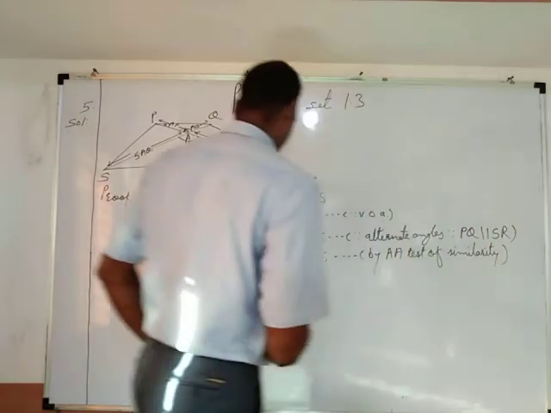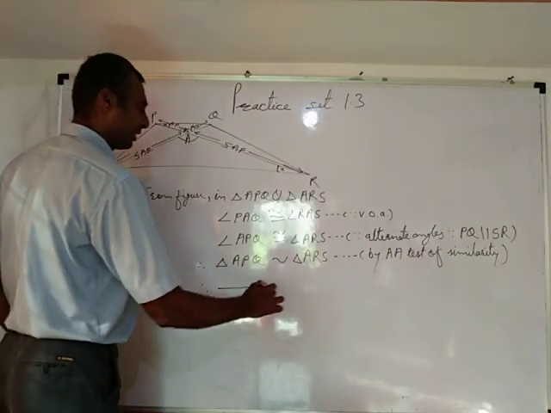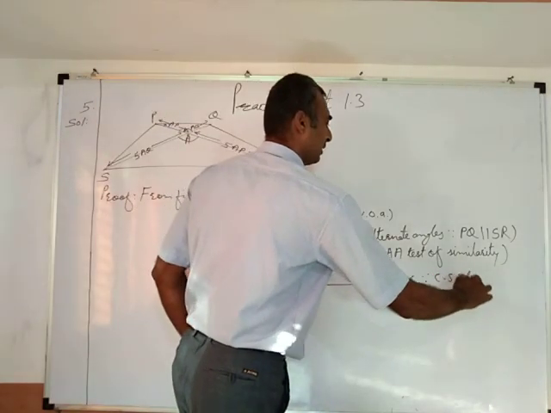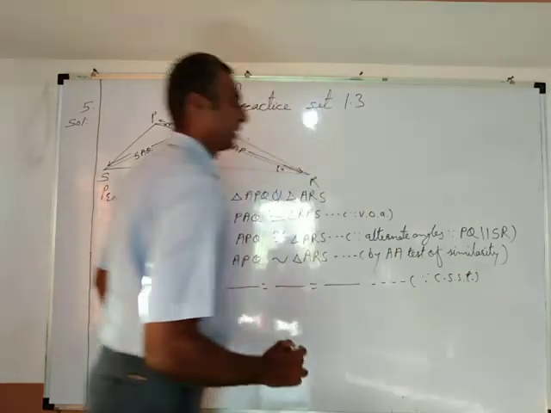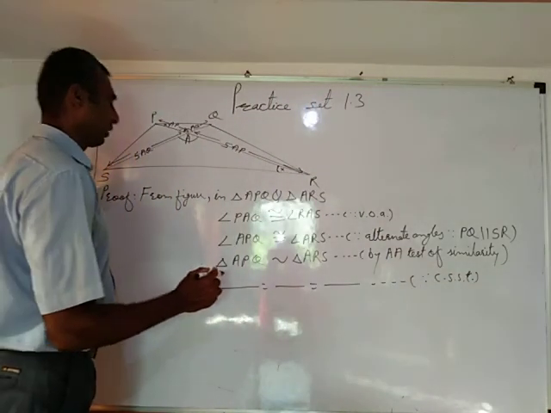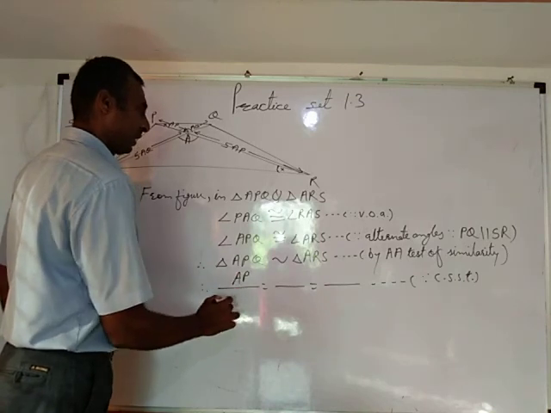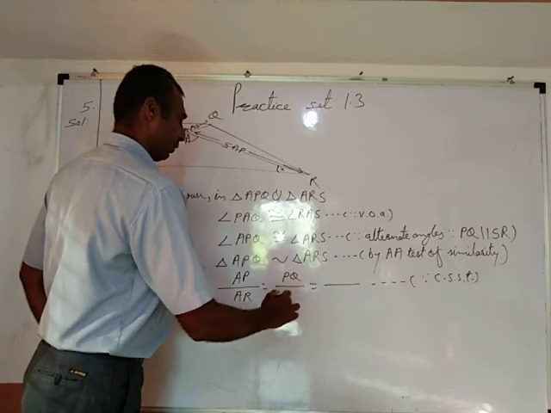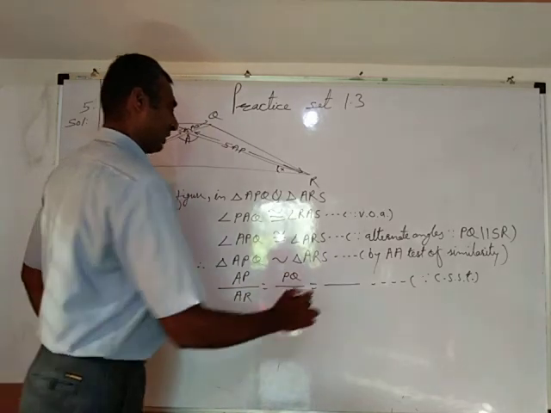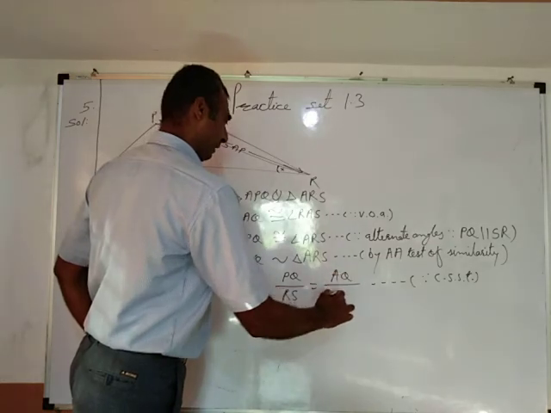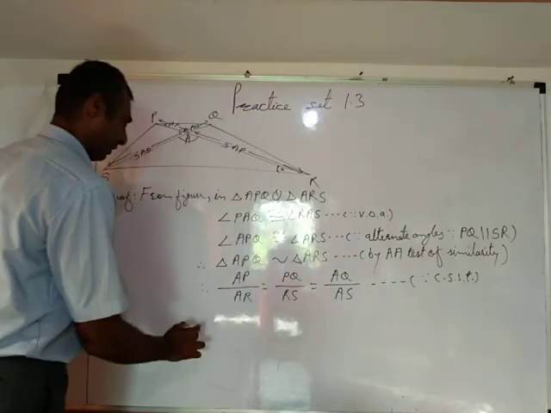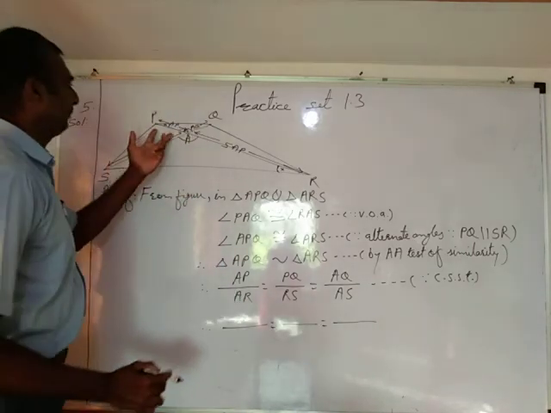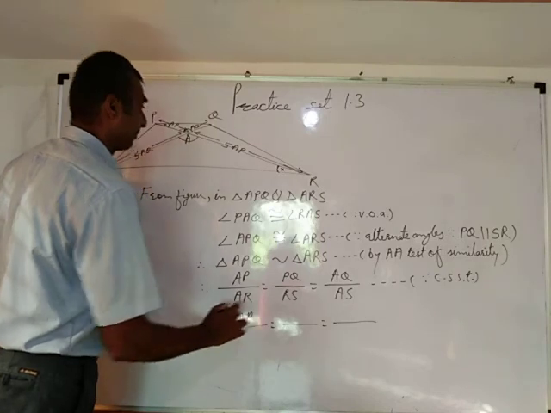Okay, and if two triangles are similar, then their corresponding sides are in proportion. Let's mention which are those. AP upon AR equals PQ upon RS equals AQ upon AS. And therefore, let's put values. AP is AP.